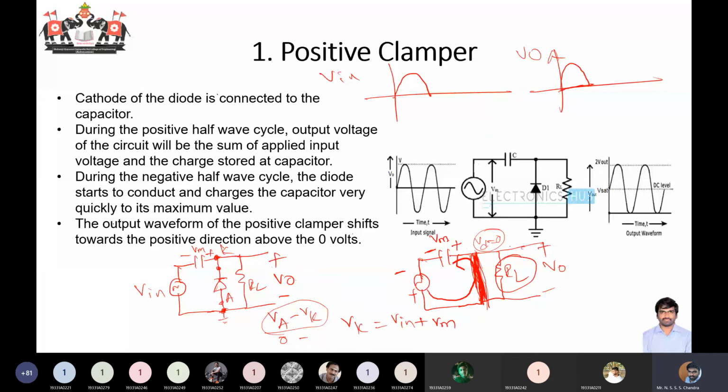Yes. So once the capacitor is charged to Vm, your circuit will become more or less like an open circuit again. So this is open, and here you have your RL, and across this you have your V0.